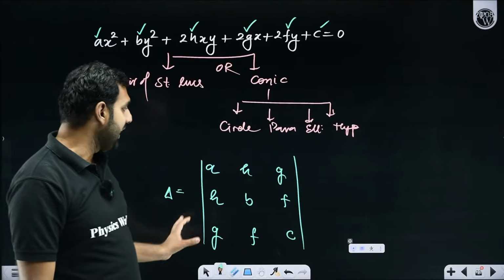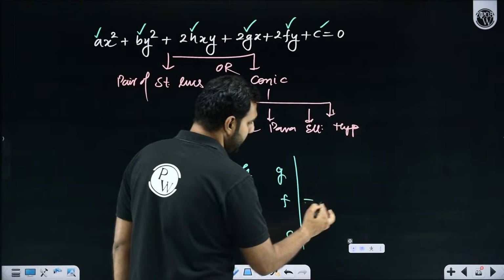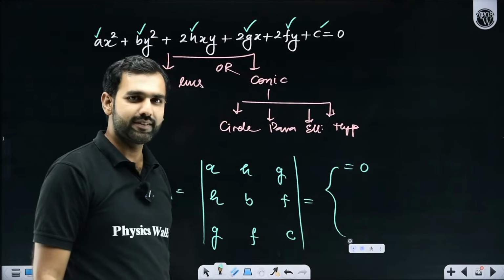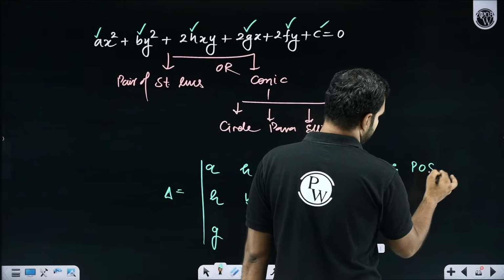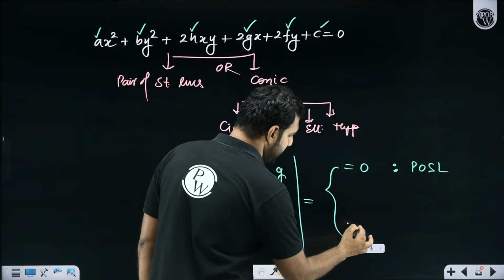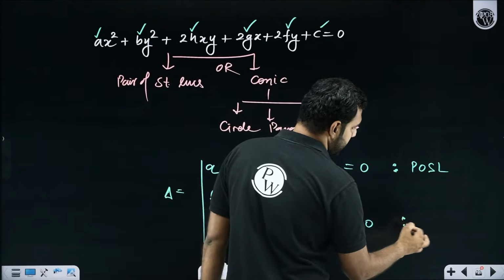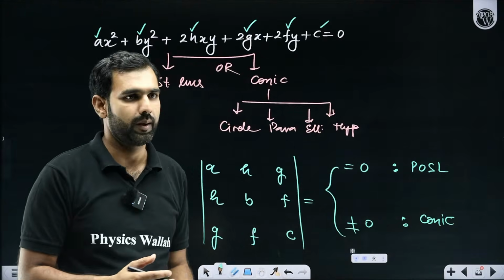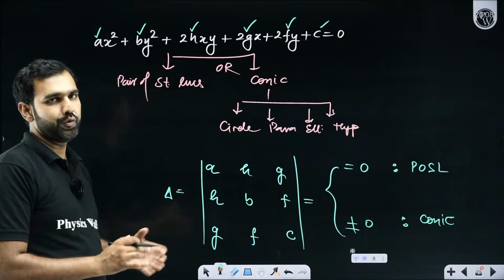Which means if you find out this delta, and you find that this delta is 0, you say that yes, sir, it is representing a pair of straight lines. And if it is non-zero, in that case, you say, sir, it represents a conic. Now, conic means circle, parabola, ellipse or hyperbola, whatever it could be. But this is how you figure it out.